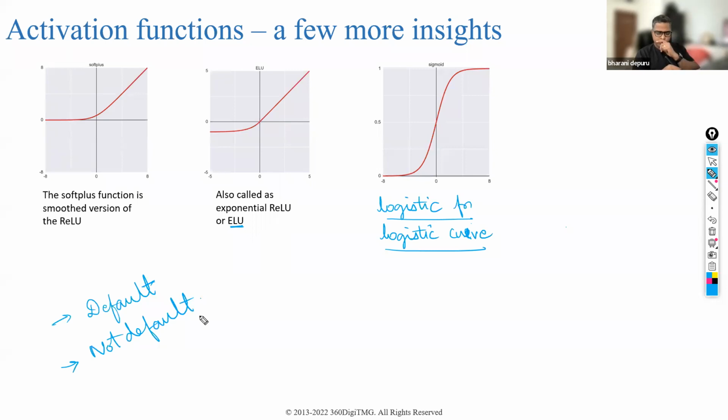In this case, say you have the input layer, you have a hidden layer, and finally you have an output layer. Here you have integration component, and then you have activation component. Finally, you get an output. Here also you have integration component and activation. Here also you have integration and activation.